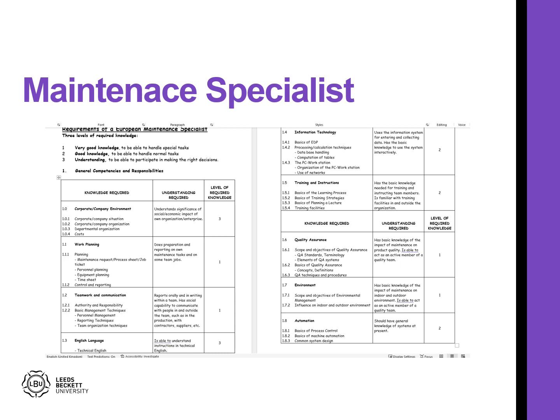So you know what you need, and then you can put that into a skills matrix and create a list of what's happening with the employees. Are they going to meet that requirement of being a European maintenance specialist?